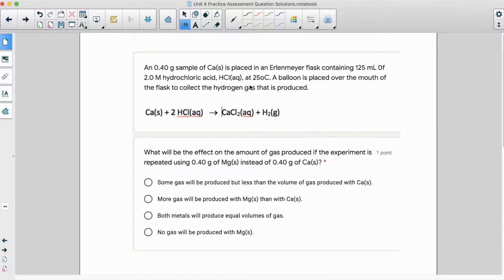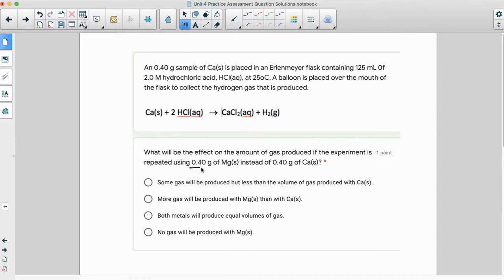Next problem, and I believe this is the last problem, we've got calcium and hydrochloric acid reacting. And the question is, what will be the effect on the amount of gas produced if the experiment is repeated using 0.4 grams of Mg instead of 0.4 grams of calcium?